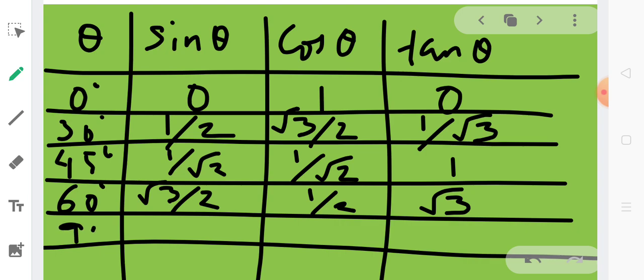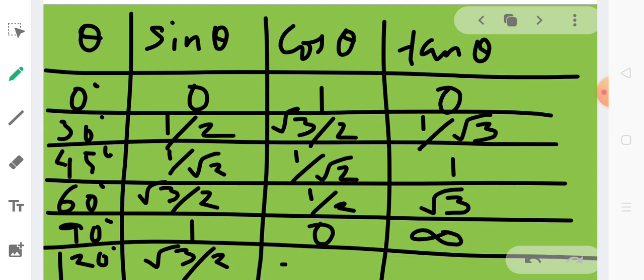For 90 degree, sin theta is 1, cos theta is 0, tan theta is undefined. For 120 degree, sin theta is root 3 by 2, cos theta is minus half, and tan theta is minus root 3.